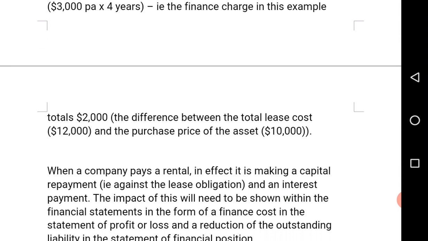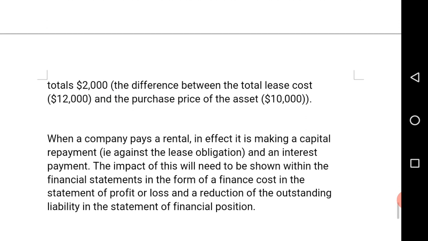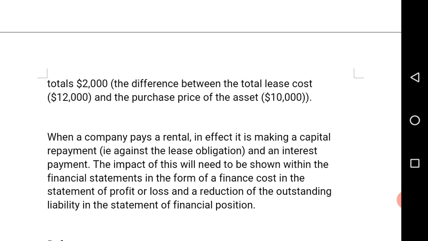The impact of this will need to be shown within the financial statements in form of finance costs. In the statement of profit or loss, we expense the finance cost. Remember, we expensed it with the depreciation, and a reduction in the outstanding liability in the statement of financial position.